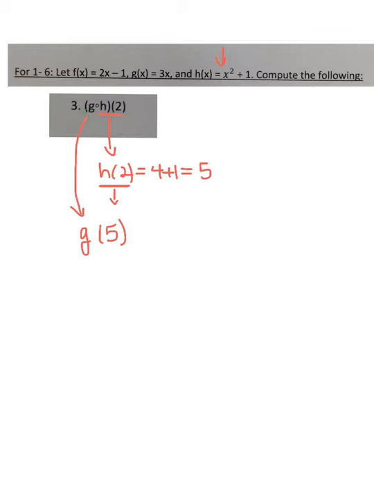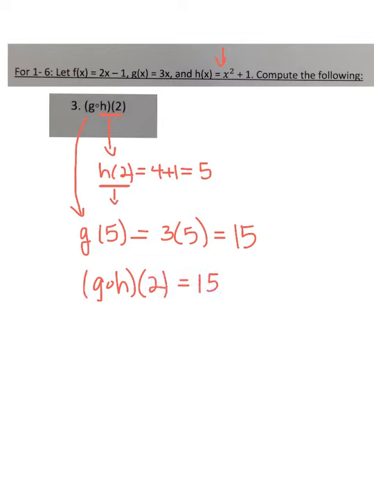So now we plug 5 into the G of X. We've got 3 times 5, which is 15. So our G of H of 2, final answer, is 15.